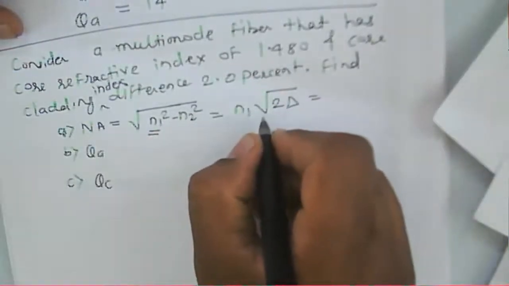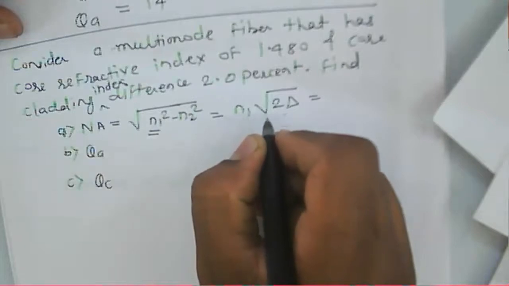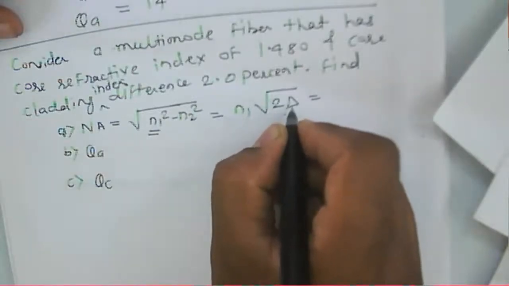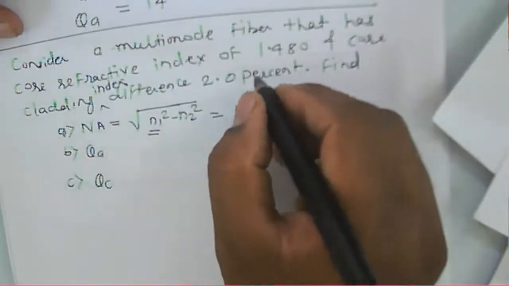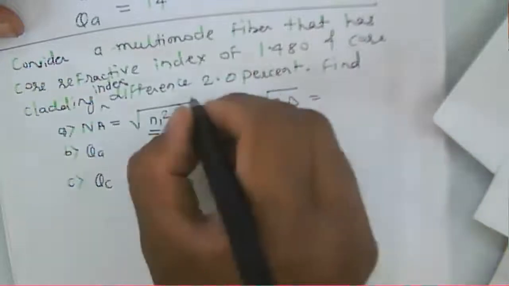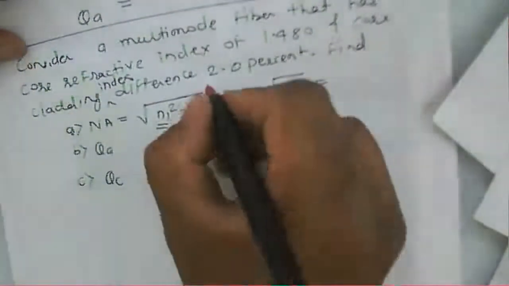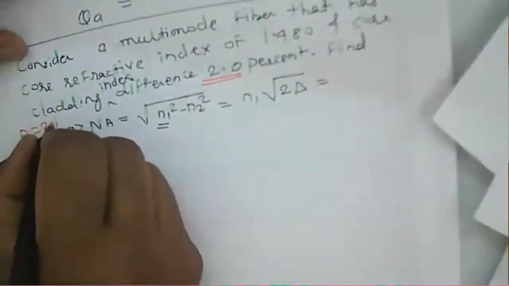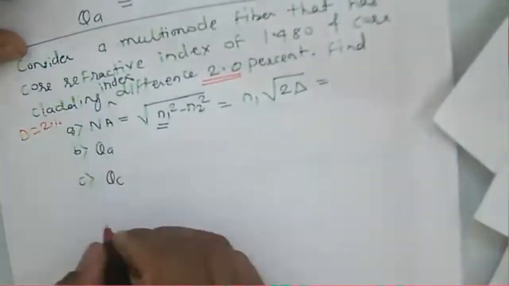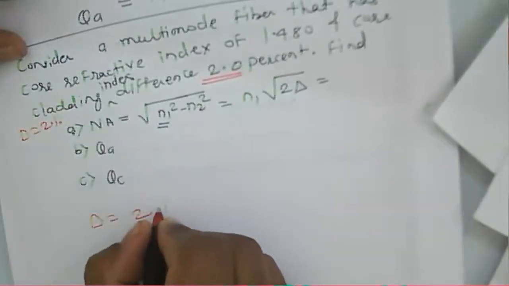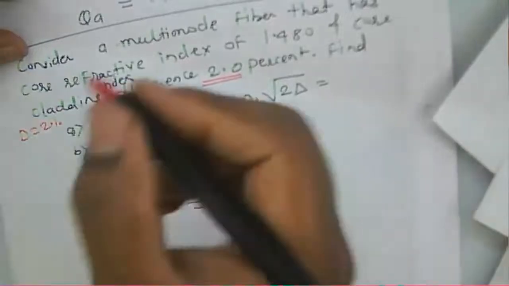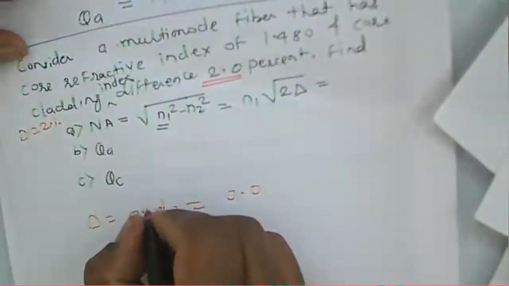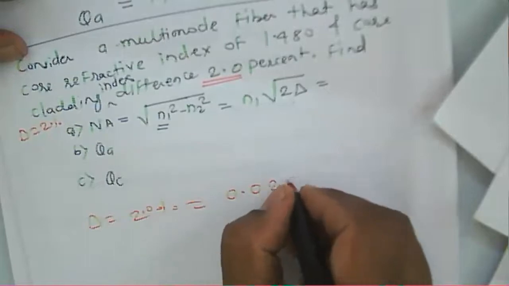N1 is equal to 1.480 and del is about 2%. 2% means 0.02.